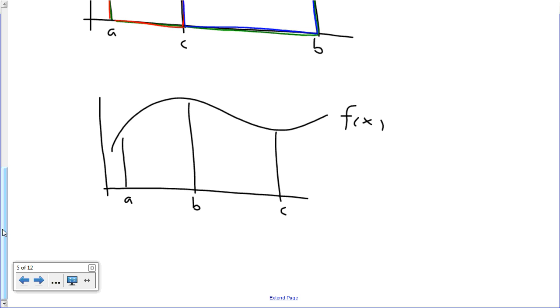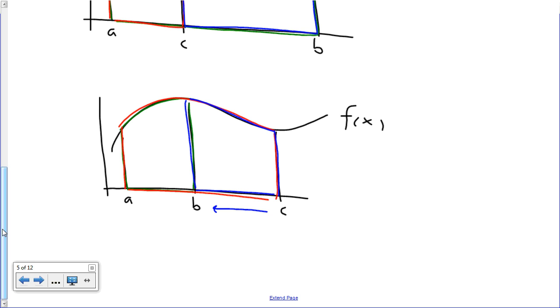If I want to find the definite integral from A to B, this guy right here, then one way to do that would be to find the integral from A to C. That's this whole region. And then find the integral from C to B, and that's the key, is you got to go from C to B. Notice that to do that, I got to go backwards, and that's in essence going to give me the opposite of this region, which means it's subtracting that area off, and that's why you end up with the green region we sketched at the beginning.